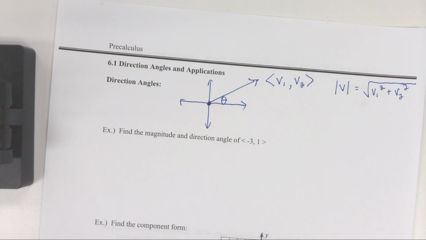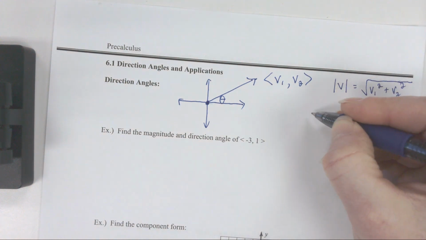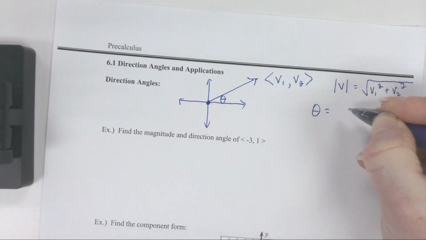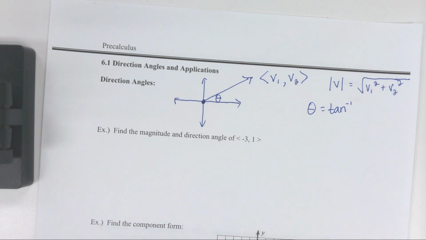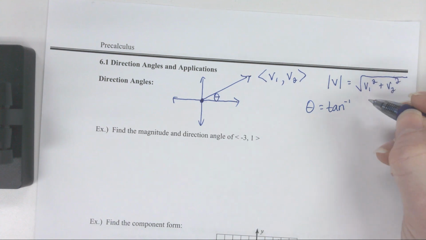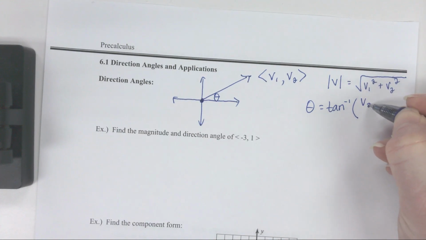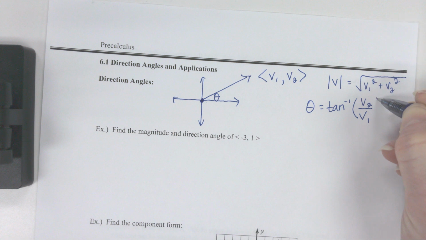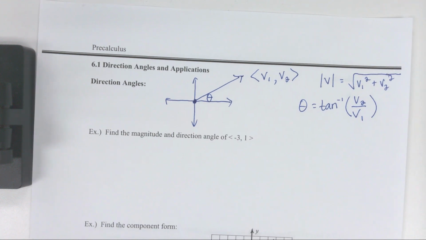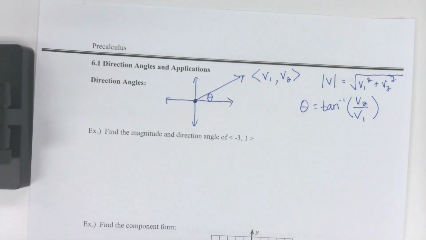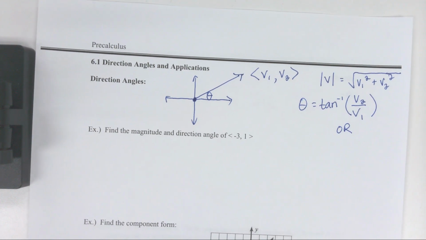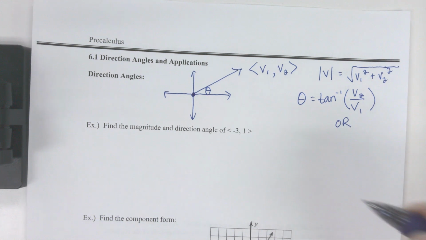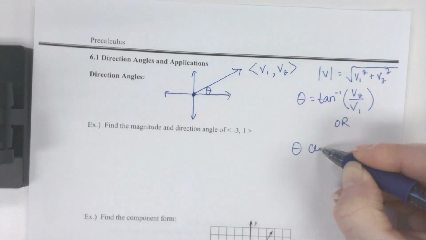Another way you can find theta: if the tangent is opposite over adjacent, we can use tan inverse of opposite over adjacent, which would be V2 over V1, to give us the angle. But you're going to run into some of the same problems with this one too. You could say cosine inverse.